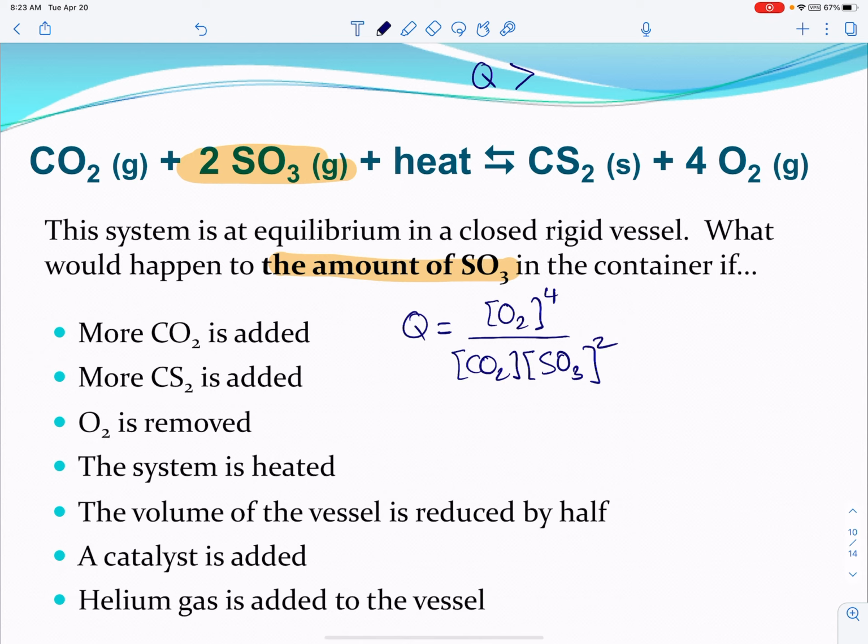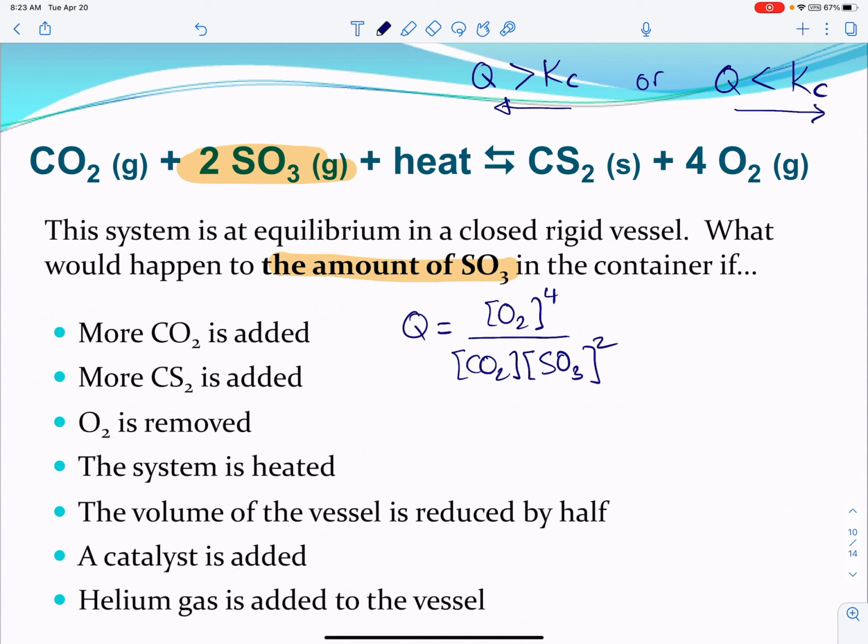Q might end up being greater than Kc, or Q might end up being less than Kc. If Q is greater than Kc, that causes a reverse shift in equilibrium. If Q is less than Kc, that causes a forward shift in equilibrium. So with that review, let's jump into the first stress.